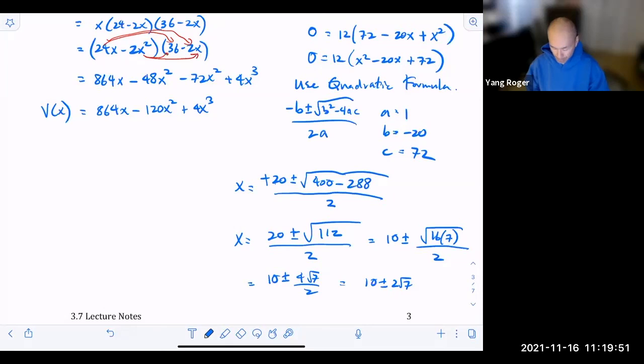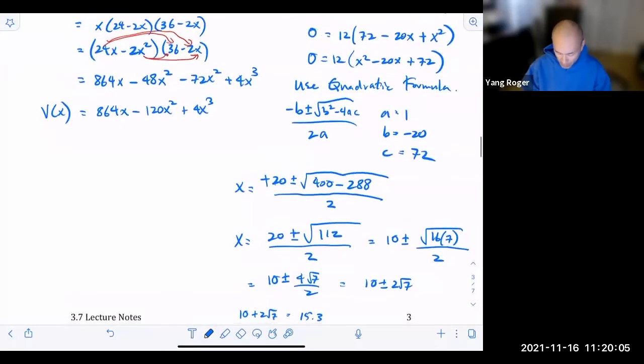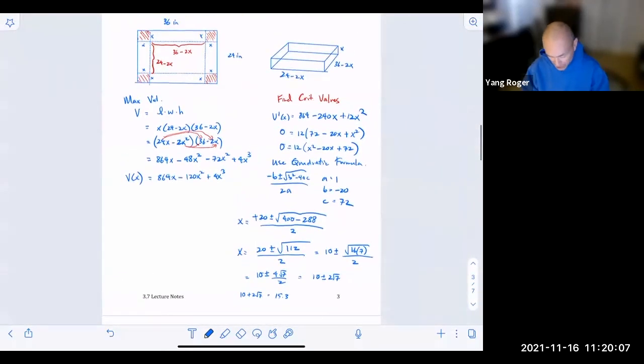So when you take your calculator and evaluate 10 plus 2 root 7, that's going to give you 15.3. If you look at our original question, the longest side is 24.